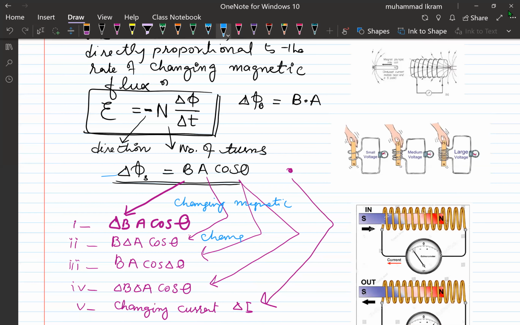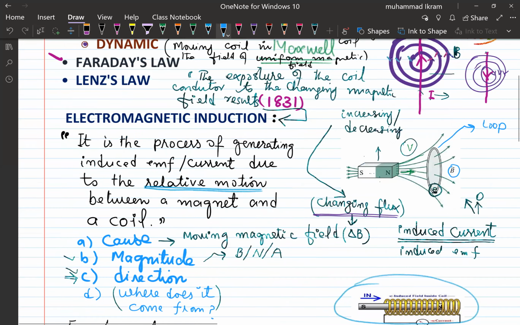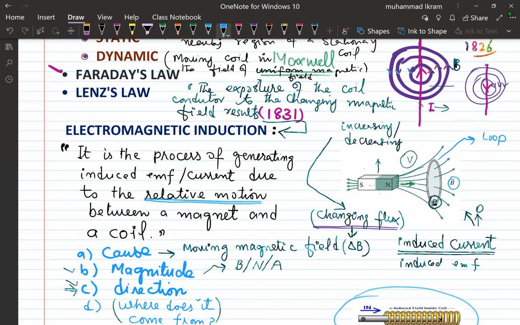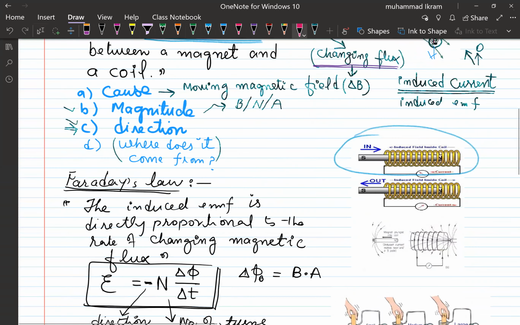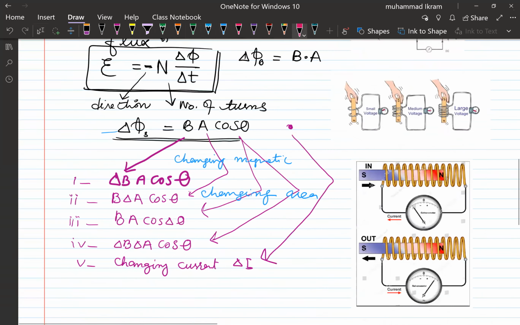If you change the cross-sectional area of the coil, even if B is fixed, for example, if your magnet is stationary and the coil is stationary, but you compress or stretch the coil, then again there will be an induced current.